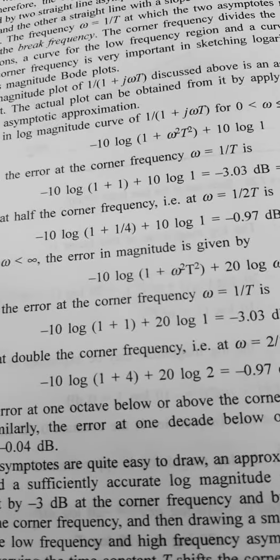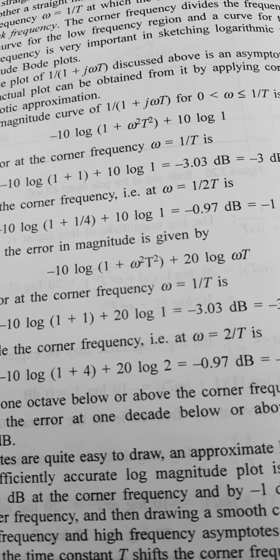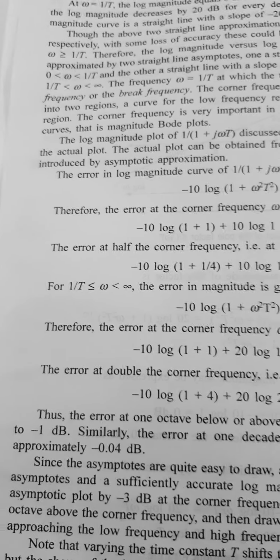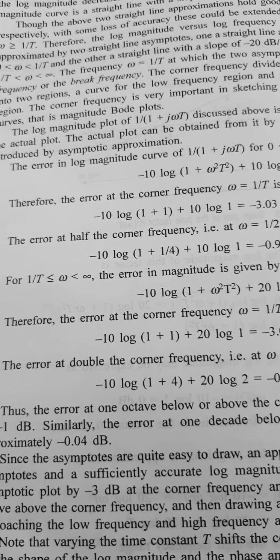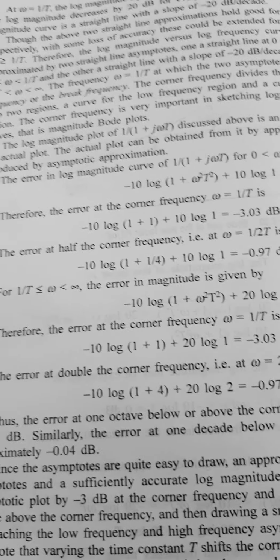Now varying the time constant shifts the corner frequency to the left or right, but the shape of the log magnitude and phase angle curves remains the same.